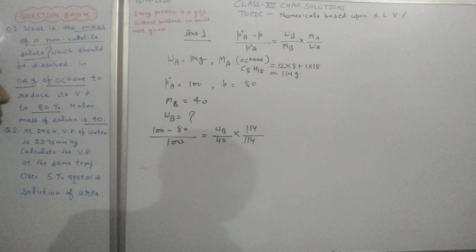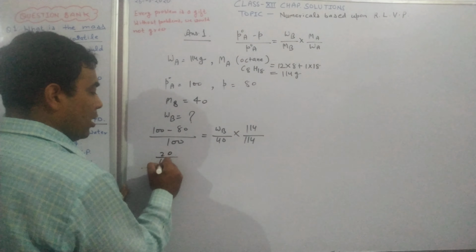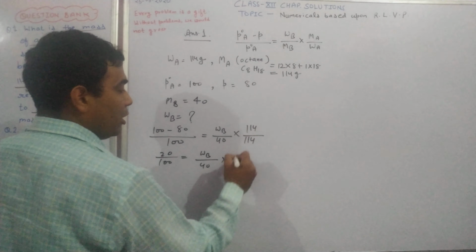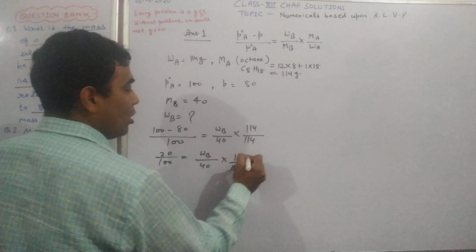So 20 by 100 equals WB by 40 into 114 divided by 114, which equals 1.